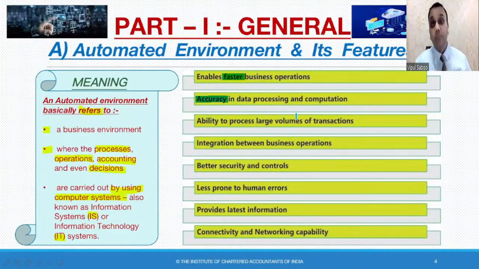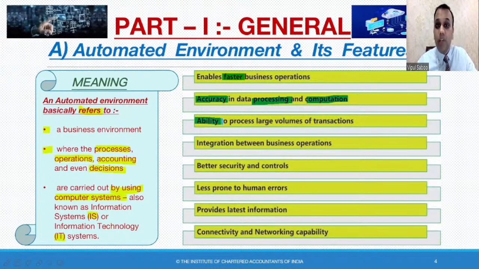I'm doing a lot of things. And I'm a human. I'm bound to make errors. But automation is machine. There will be accuracy. Once you have fed into the system that this is the formula, this is the protocol, this is the technique to calculate this particular operation, data processing will be highly accurate and there will be accurate computation, right?